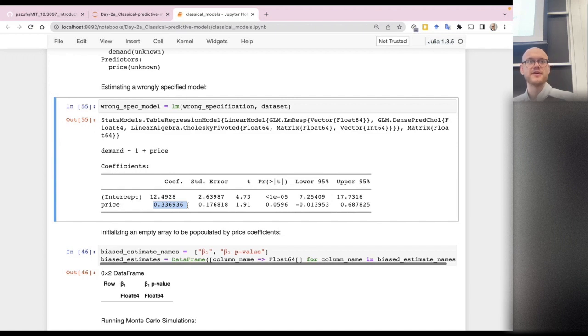The question is whether we have bad luck or maybe it is systematic. Therefore, we are going to run Monte Carlo simulations. But even based on those results, you can infer already whether this is systematic or not. The standard error is relatively high compared to the coefficient, more than 50% of the coefficient itself.